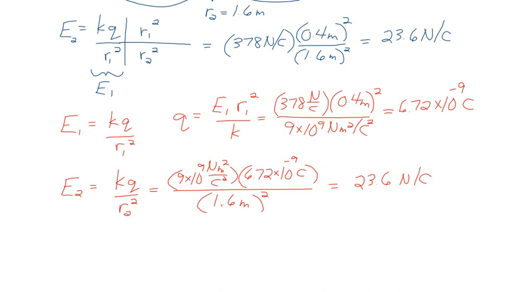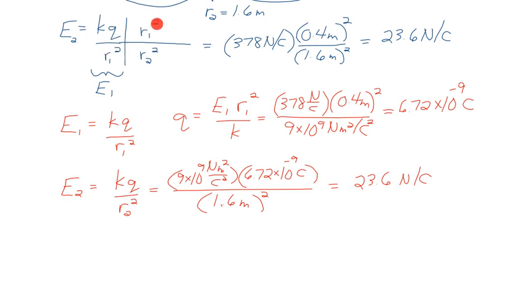So now it's up to you. Do you prefer to first solve for the charge, and then with the charge that you know, the charge doesn't change, I'm just moving a different distance away from it, plug into the formula for electric field with the new distance and solve for the new electric field? Or do it like a conversion. The top one up here is like doing it like a conversion, because I know this right here equals E1, so the only difference between E1 and E2 is that it should be an R2 squared.